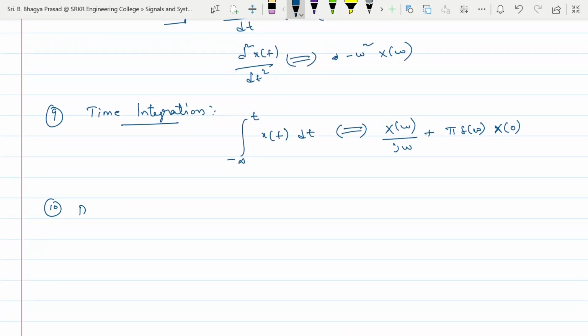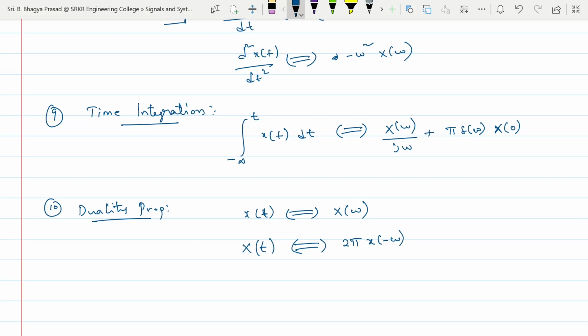Last, duality property, an important one. x of t has Fourier transform x of omega. If capital X of t is the signal, represented as capital X of t, the Fourier transform you can get is 2 pi x of minus omega.